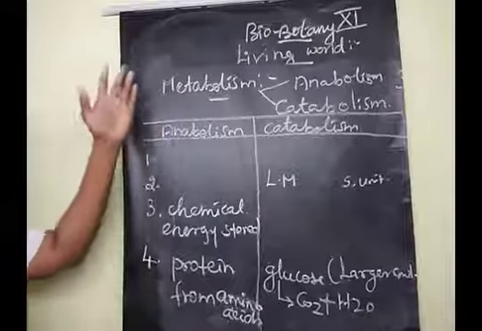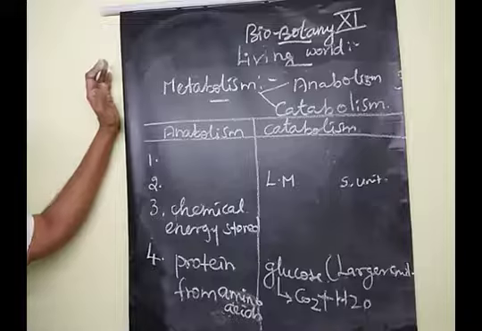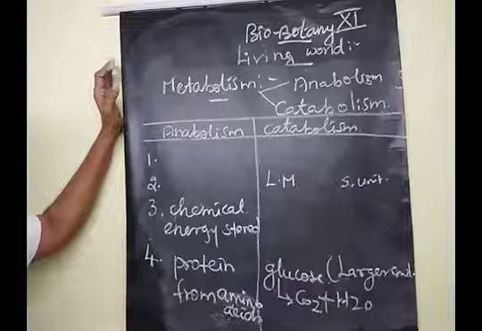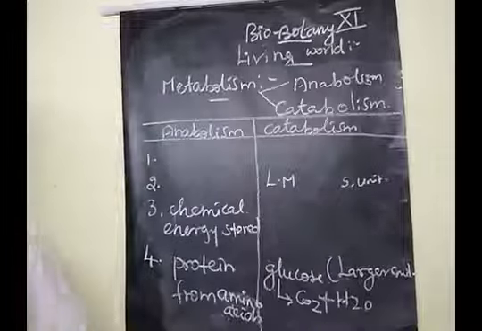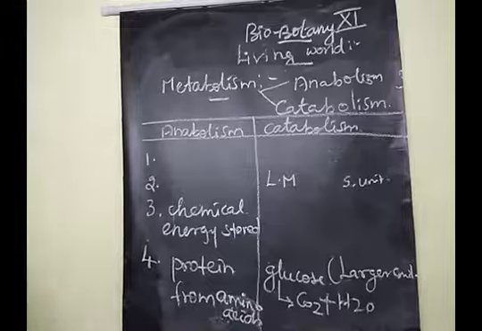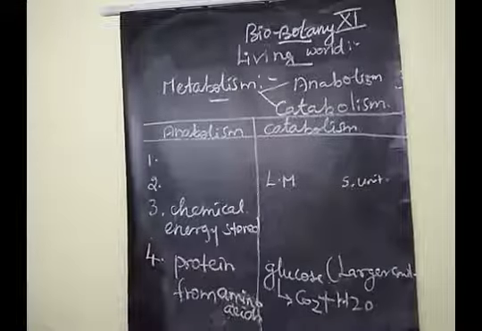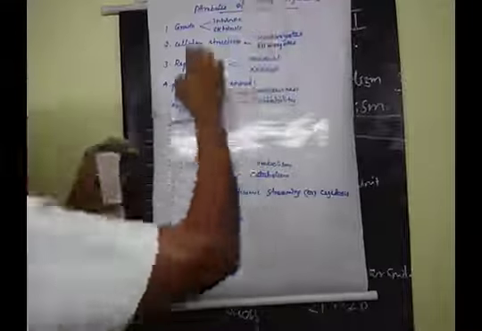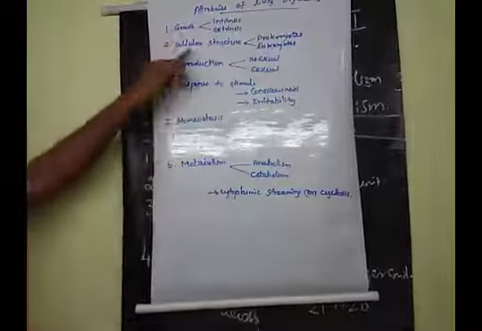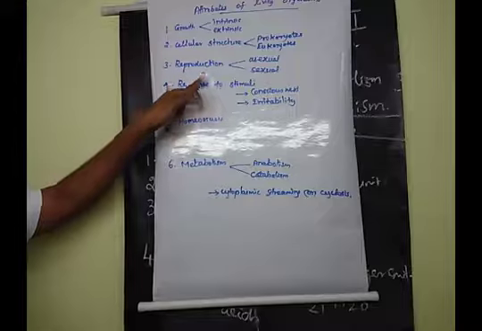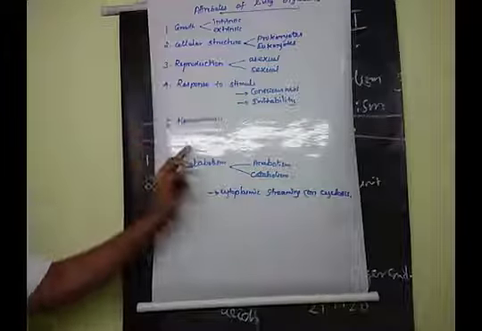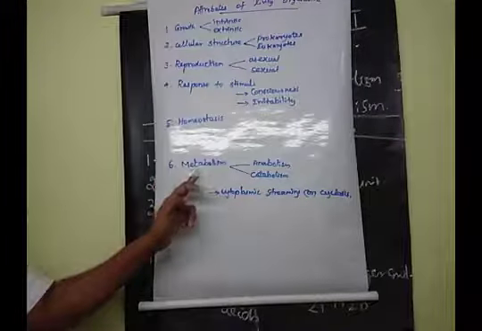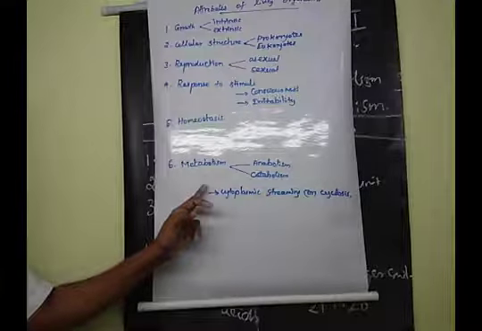So once again, I will repeat from the attributes of living organisms. They are going to learn 6 points: growth, cellular structure, reproduction, response to stimuli, homeostasis, metabolism.